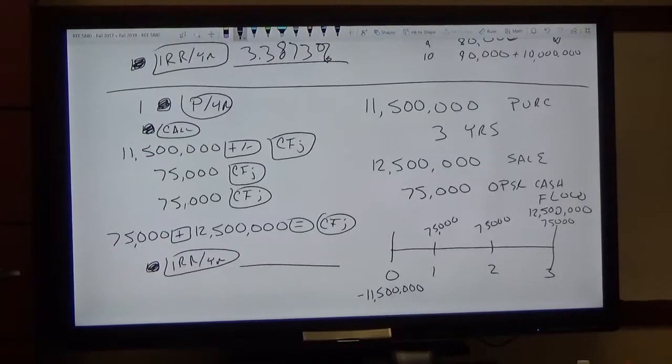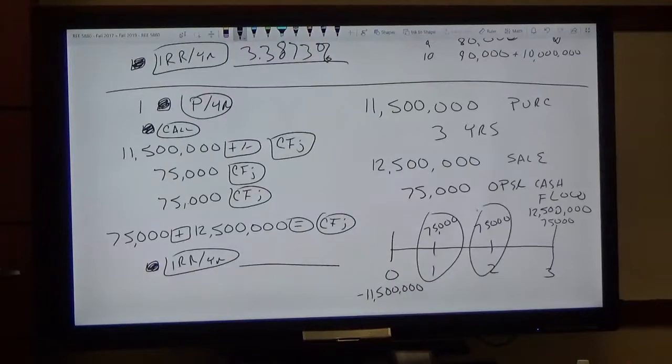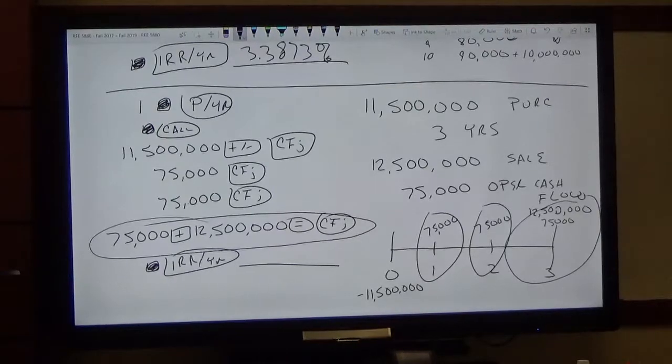Now, whenever we put this in as a cash flow, since we're putting these in individually as a period cash flow, so this is period 1, this is period 2, this is period 3, we've got to combine all income for that final year into one singular value for the cash flow, okay?